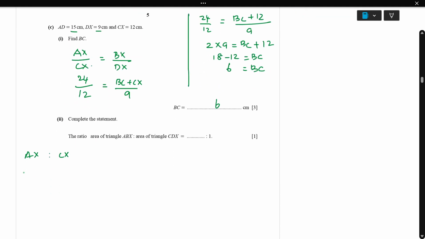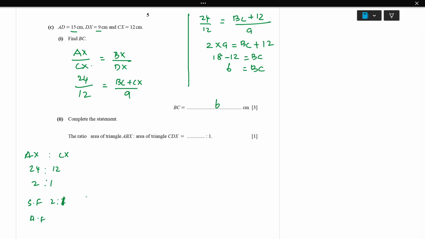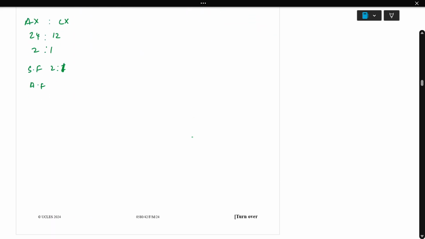So the ratio AX to CX is 24 over 12, which is 2:1. This is the side scale factor, 2:1. Then the area factor is the square, 2 squared is 4, so 4:1. That's the answer for this.